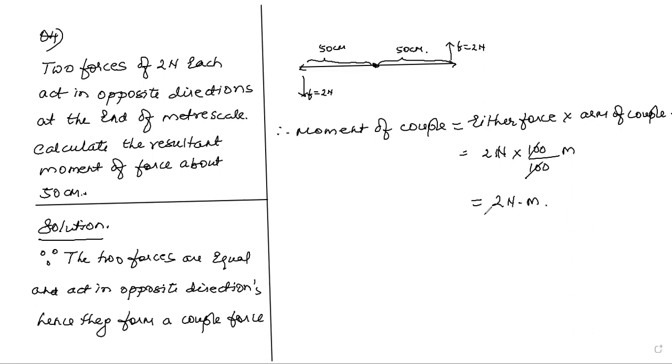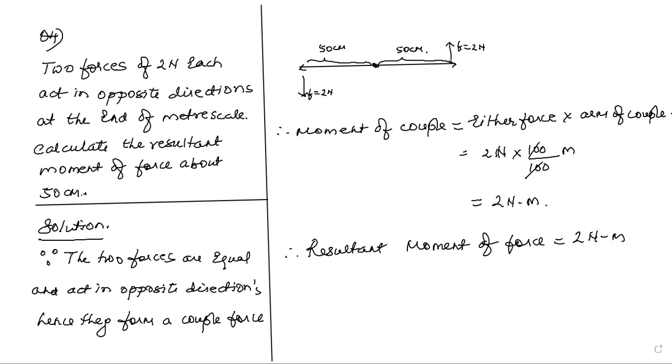What is the moment of couple, children? 2 Newton meter. That is nothing but the resultant moment of force. The resultant moment of force is 2 Newton meter. I hope everybody has got this answer clear.